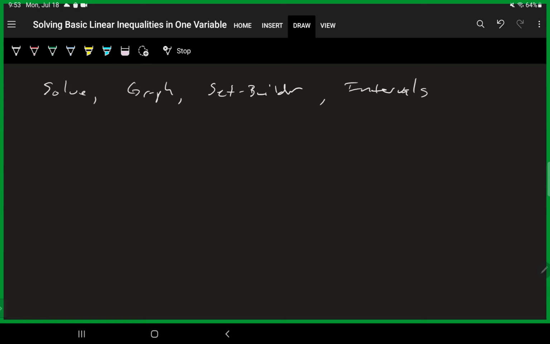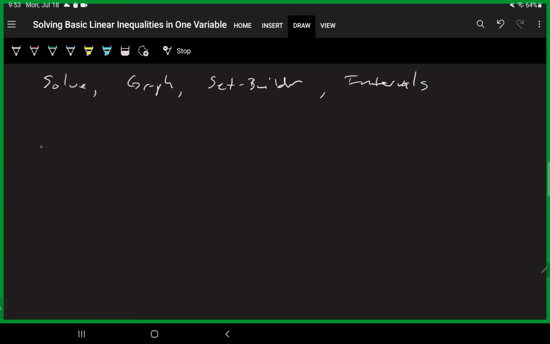So let's look at example 1. Let's look at x plus 5 is less than -2. So if x plus 5 is less than -2, this is very similar to the equation x plus 5 is equal to -2, but we're never going to replace this with an equal sign because it's changing the problem. But with an equation, we would subtract 5 from both sides or add -5 to both sides.